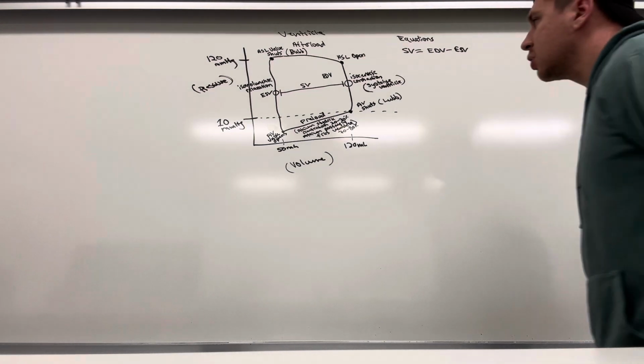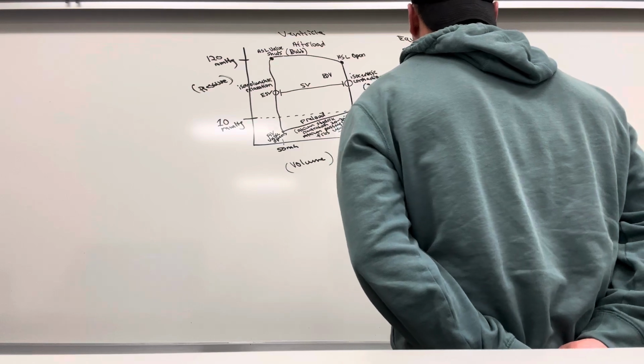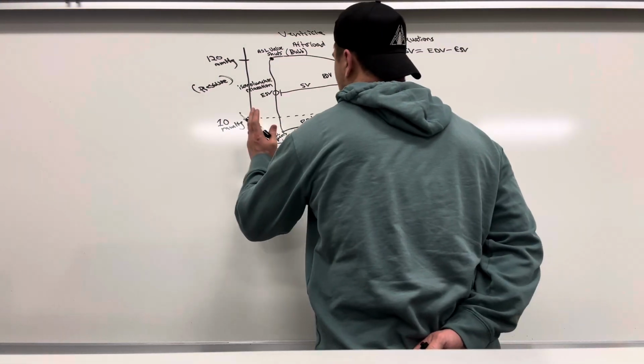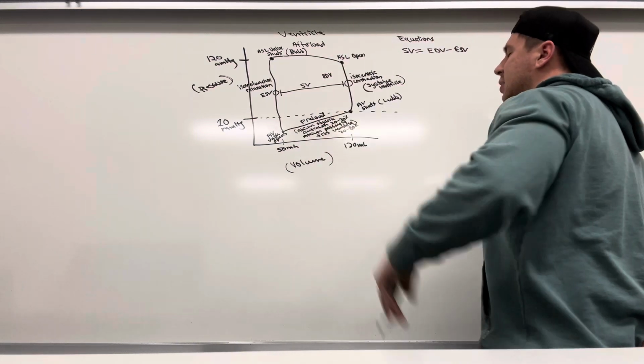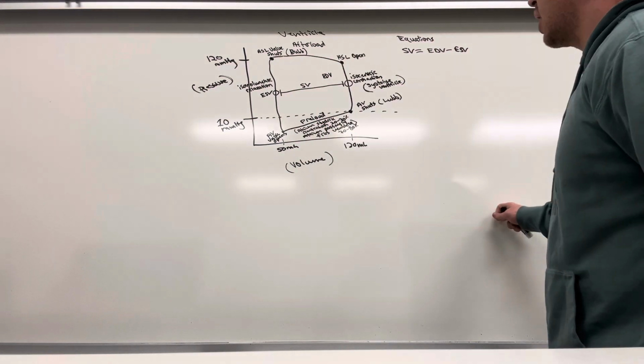Stroke volume is going to be the volume of blood pumped out with each stroke. And so it's not always 100% because it's not always going to contract 100%, okay? So we have this equation.